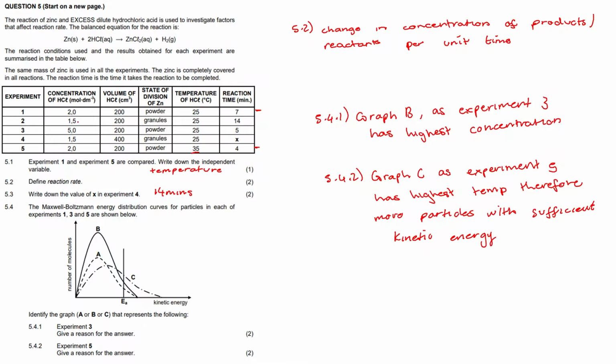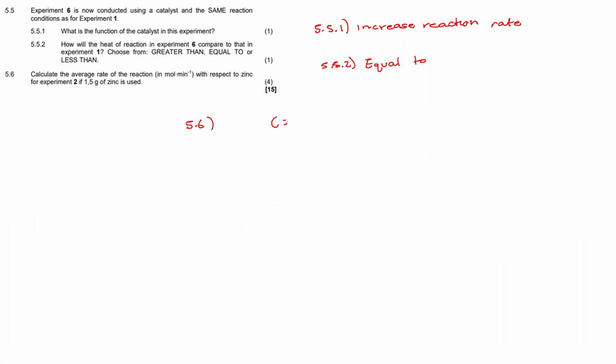In experiment 2, we have a concentration of 1.5, a volume of 200 centimeters cubed of HCl, and a reaction time of 14 minutes. So, in order to solve this, we first need to get the amount of moles of zinc used.